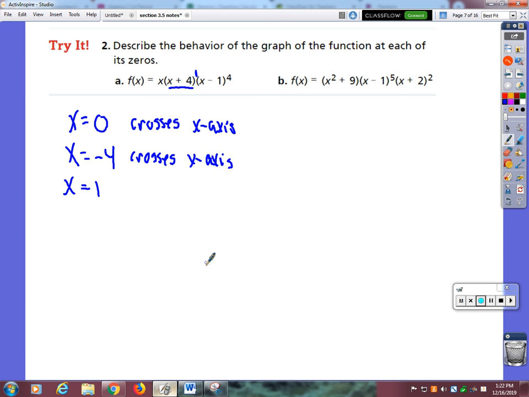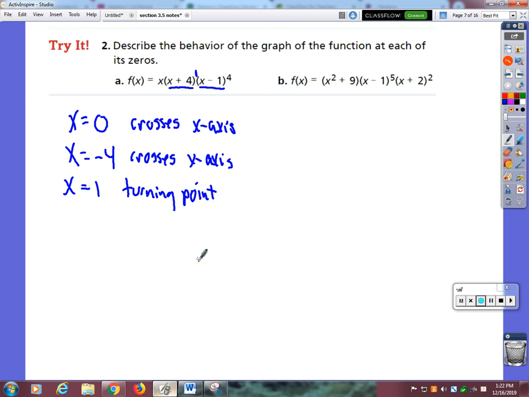And then what happens at x equals 1, which comes from here? That one has a turning point at x equals 1. Okay? Because the exponent that gave us this 0 is even. So don't be confused.